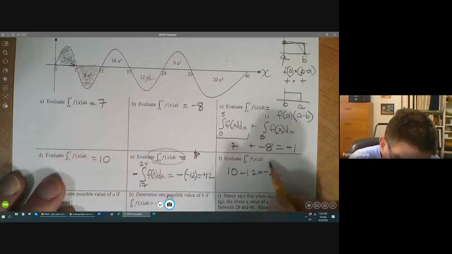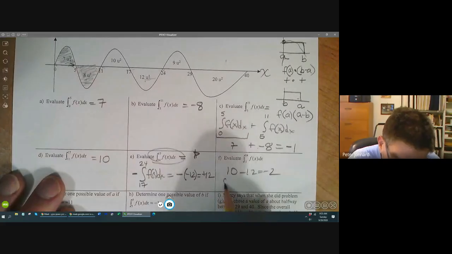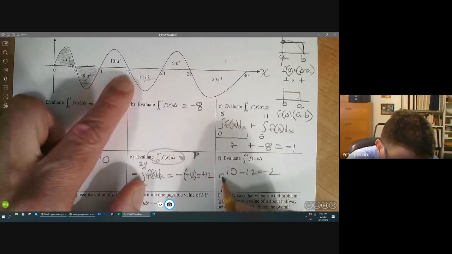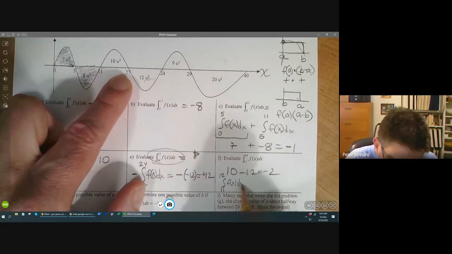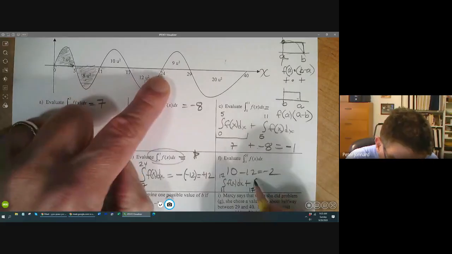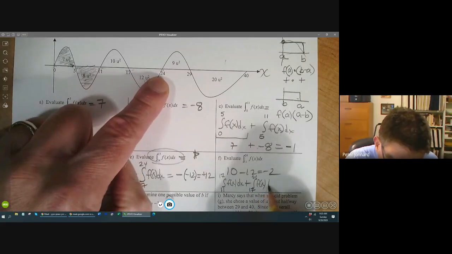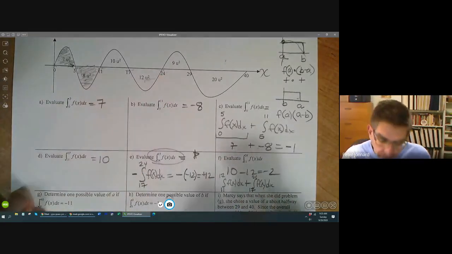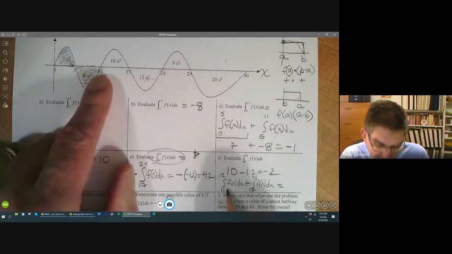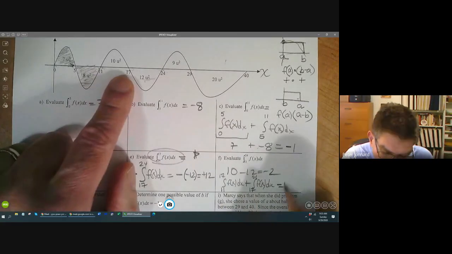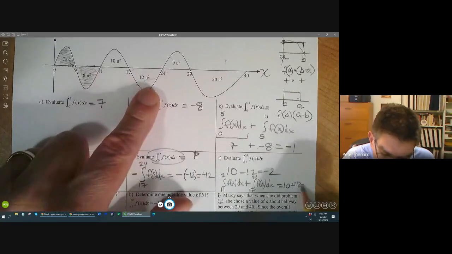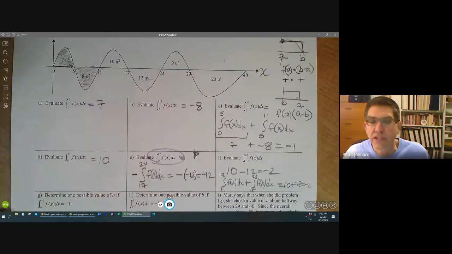But you should be comfortable with another way of analyzing this: you integrate from 11 to 17 f of x dx, and then you add the integral, picking back up at 17 and going to 24 of f of x dx. This is a whole lot more writing, but that way you can justify why it would equal this. From 11 to 17 is 10 plus, and then the integral from 17 to 24 is negative 12, and that gives you an answer of negative 2. So either way is fine.